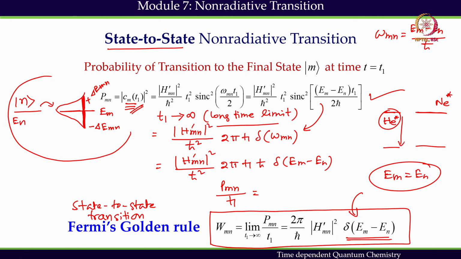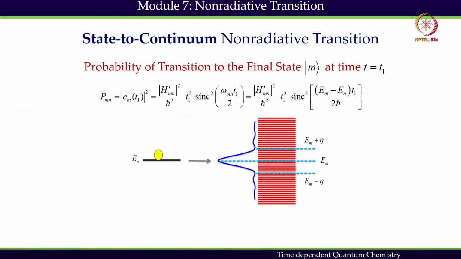It can de-excite, and the entire energy can be given to excite a neon ground state system to the excited state system. This equation is called Fermi's golden rule of state to state non-radiative transition, where we have the involvement of the delta function.